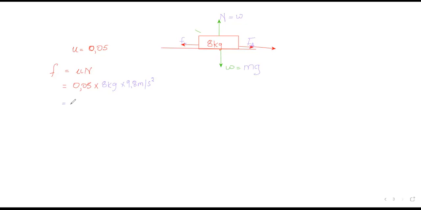We need to multiply that to get the frictional force, which is facing west, against the applied force. 0.05 times 8 multiplied by 9.8. That will give you 3.92 Newton.